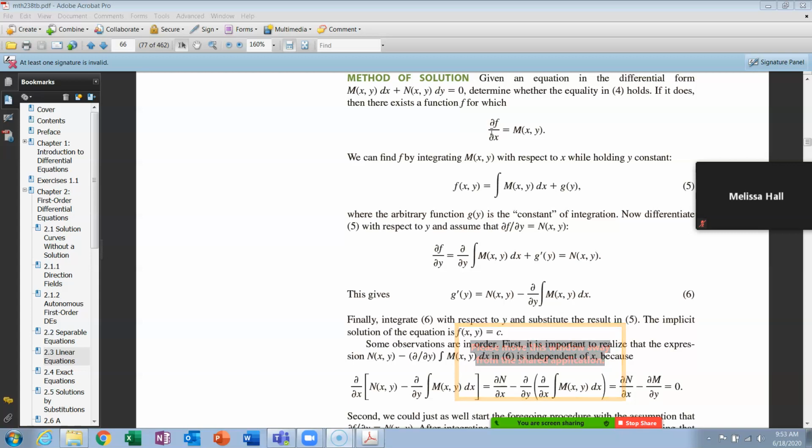You know it's not because f has two variables, but we're treating the y as if it's a constant. So with the y treated as a constant, even in this function M, move your dx over here and integrate. Write that as a normal differential form: df is equal to M of x,y dx. Write this on this side.